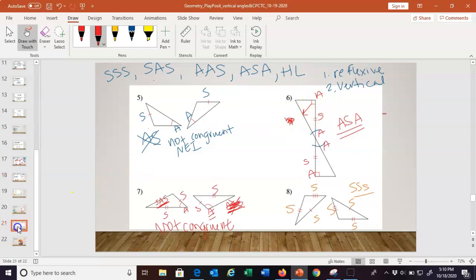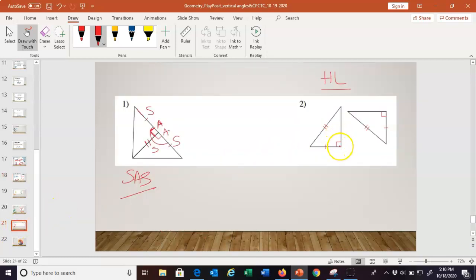So just keep that in mind. Here we have the hypotenuse marked, right? It's across from the right angle in both triangles. And we have the leg marked. Therefore, hypotenuse leg. Sometimes you'll see the hashtag sign to note the end of a proof. Postulate.